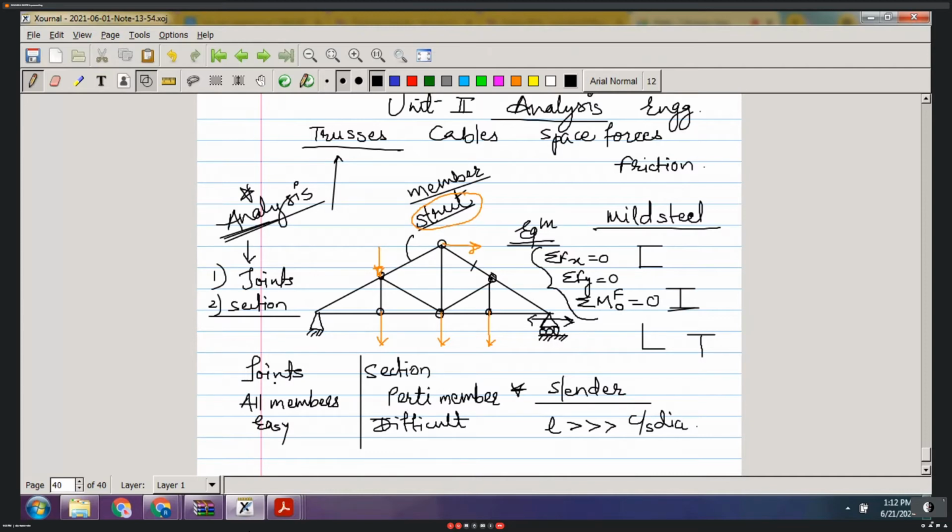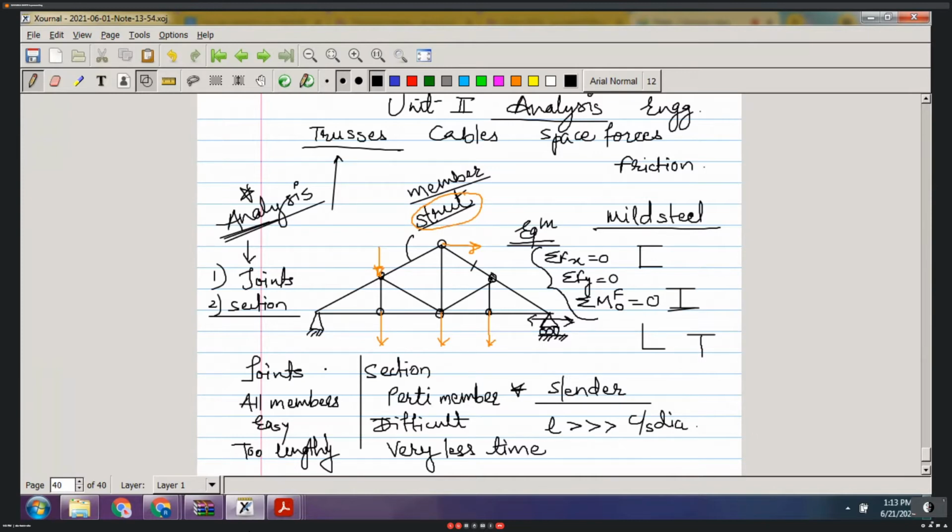Next, method of joints is too lengthy, too tedious a method. But method of section takes very little time; very less time is required to solve the problem by method of section.